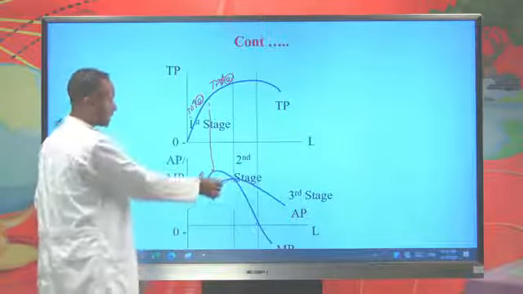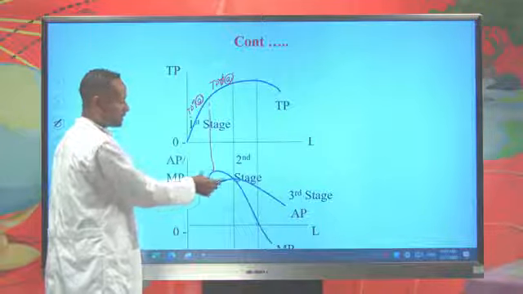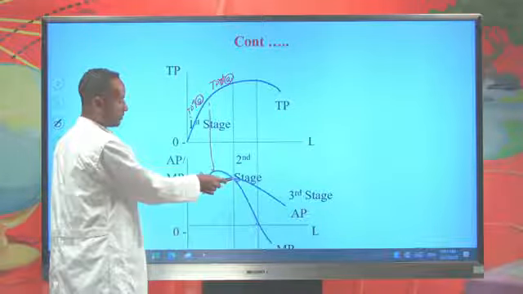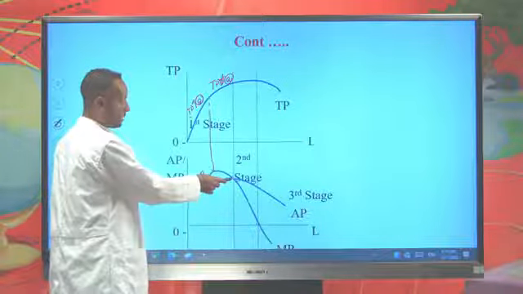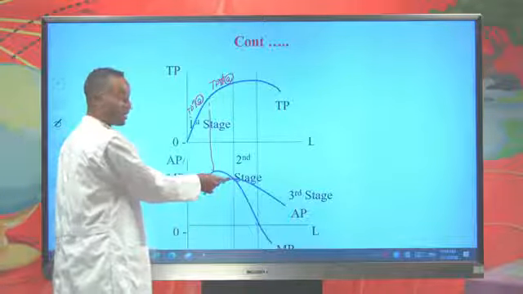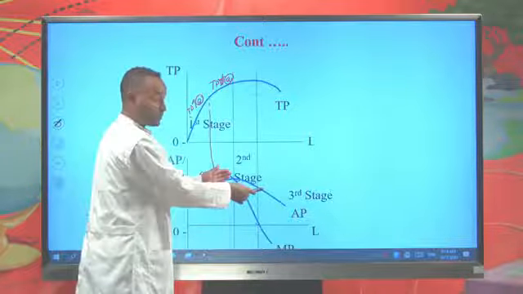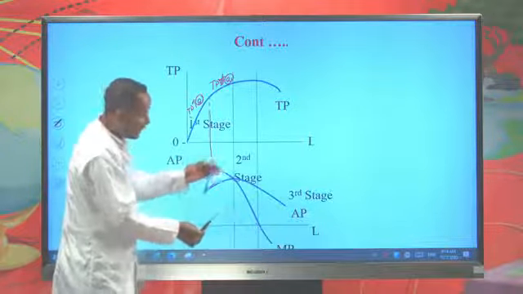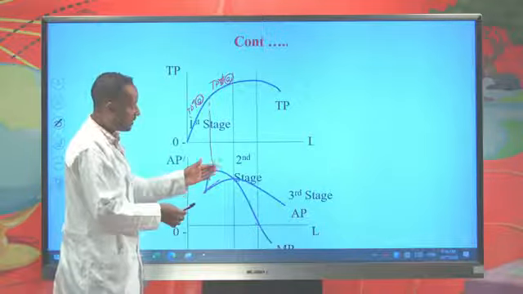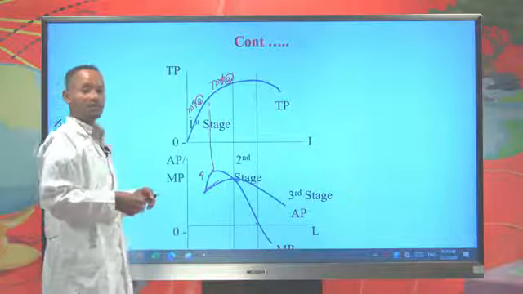At this point, the average product of the variable input labor reaches its maximum. Whenever AP equals MP, the AP curve reaches its maximum. Beyond this point, the average product of the variable input labor is above marginal product, and whenever AP is above MP, then AP decreases.